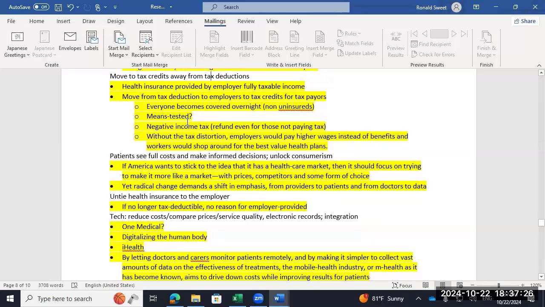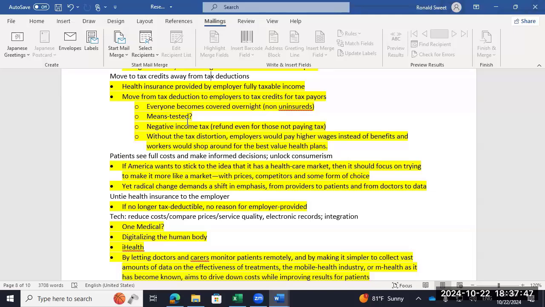What that means is everyone becomes covered overnight. There are no people not covered. So there isn't a selection of, do I buy health insurance? If you've got a $2,000 tax credit that you can spend only on health insurance, you'd be stupid not to spend it, because there's no incentive for you not to buy it.